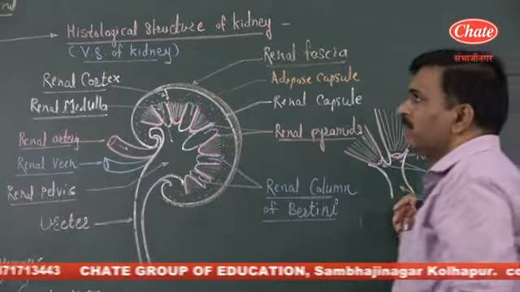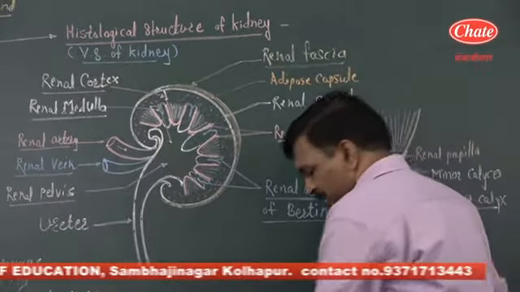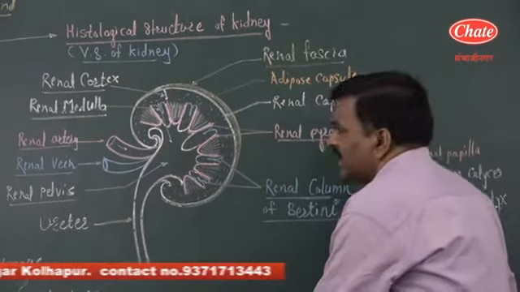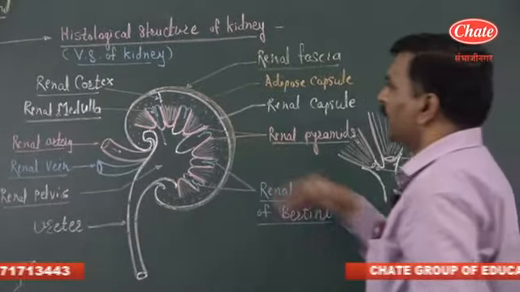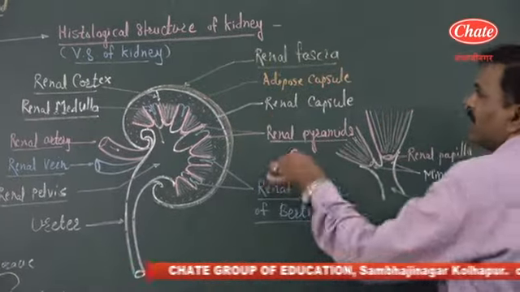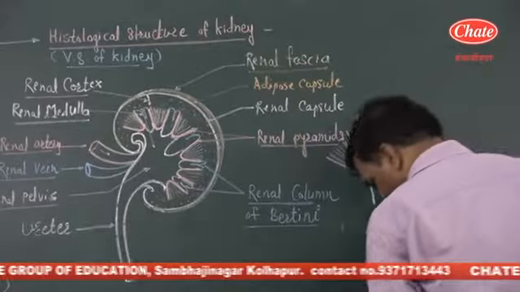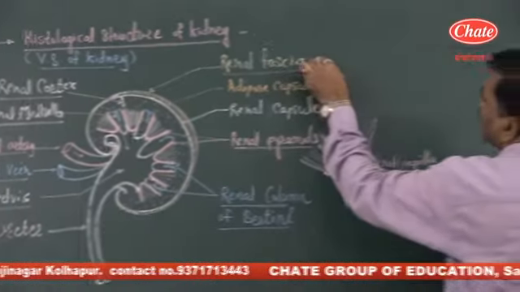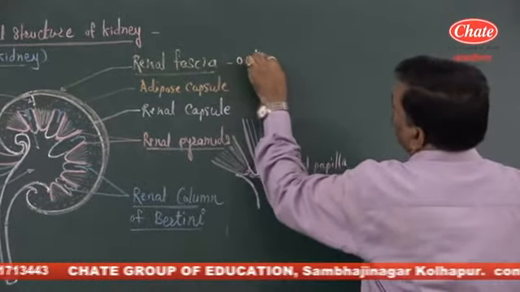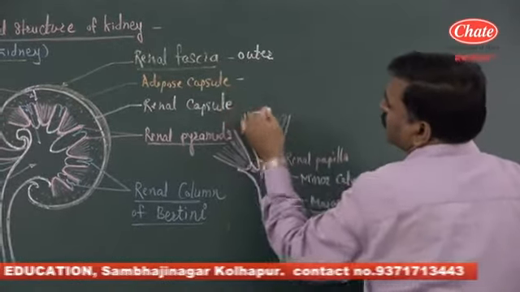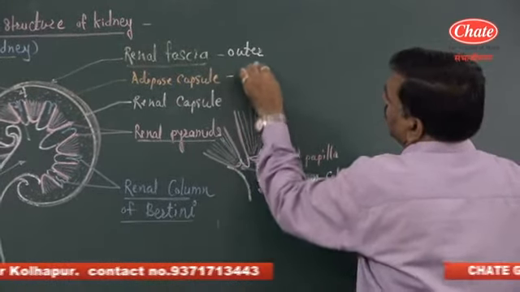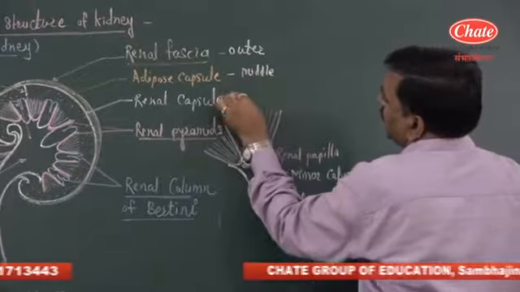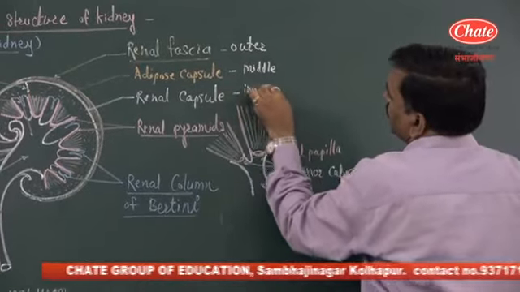When we focus on the VS of kidney or histological structure of kidney, the kidneys are externally covered by a covering, and this external covering has 3 layers: renal fascia, the outer layer, renal adipose capsule, the middle layer, while renal capsule is termed as the inner layer.